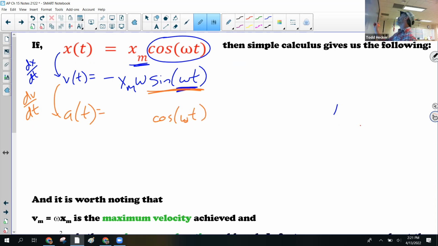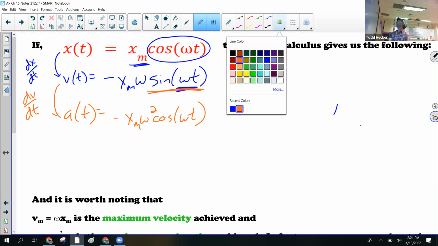But I have to do the chain rule and take the derivative of omega t, which is omega. So I bring down this omega times this omega, and for my chain rule I get omega squared and negative xm. Let's clean that up so it's not all scribbly. Now I've found the acceleration.